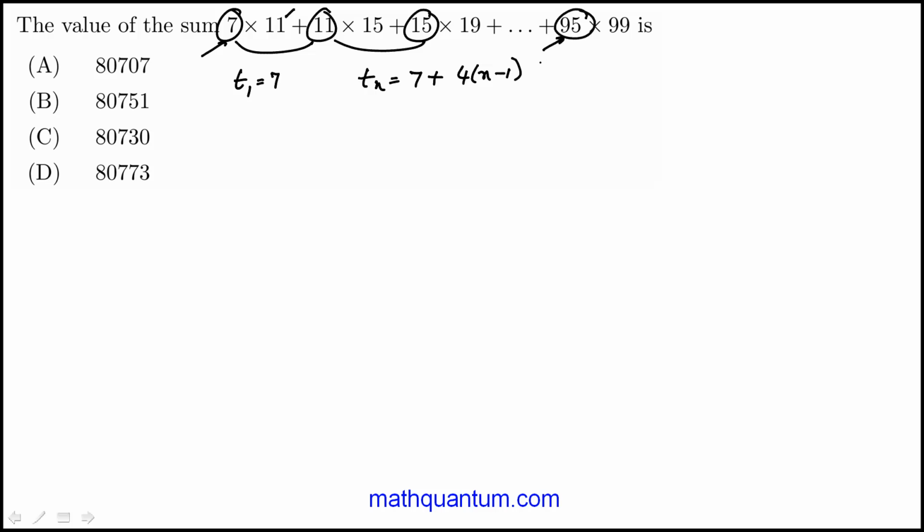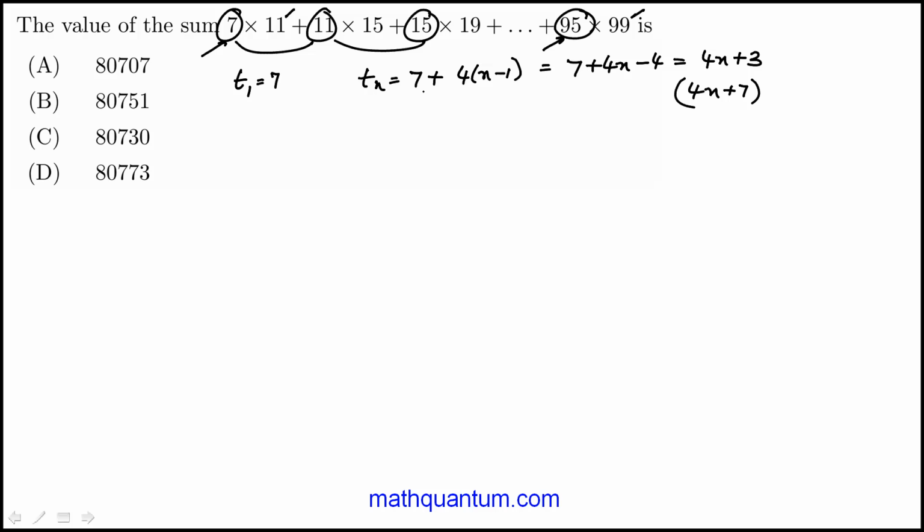That becomes 7 plus 4n minus 4, or 4n plus 3. And that next term is just 4 more, so that's 4n plus 7.